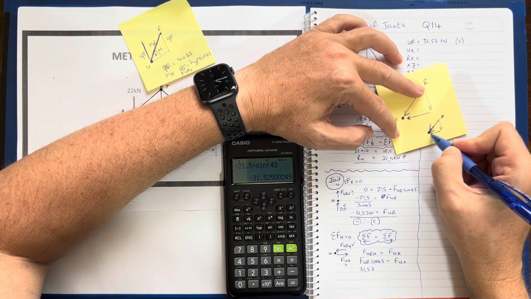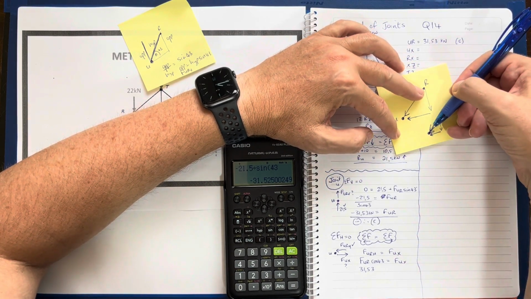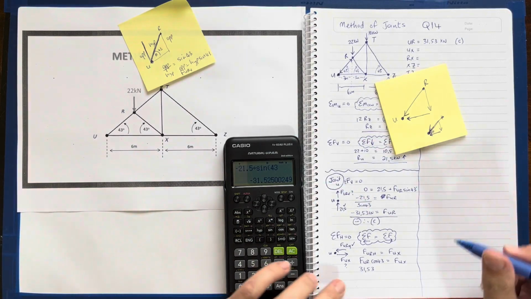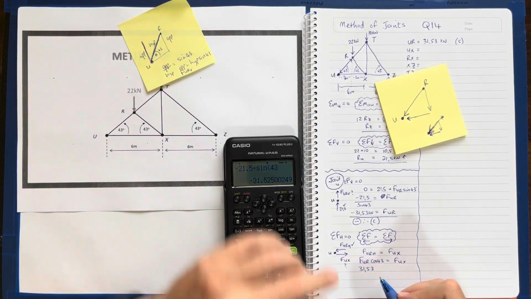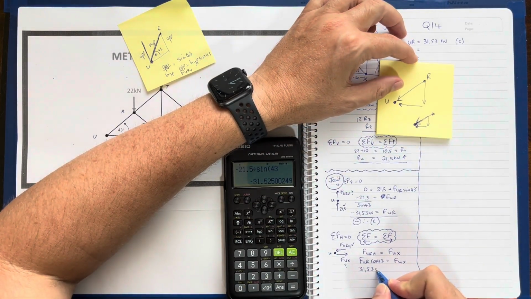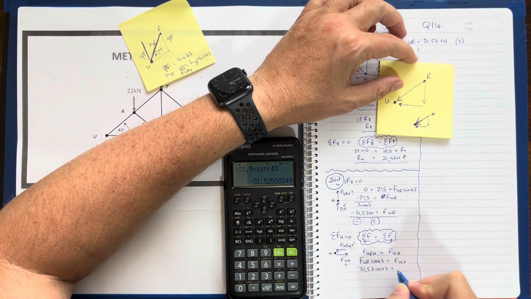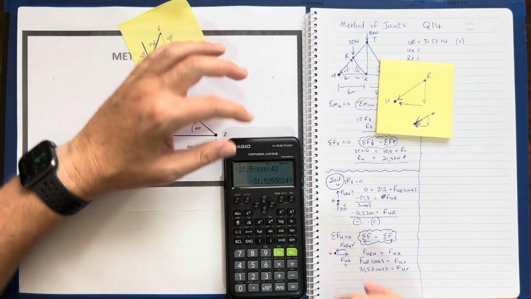So therefore my horizontal has to be going that way for my resultant hypotenuse to be having that type of force. So 31.53 cos 43 equals force of UX. Let me work that out.